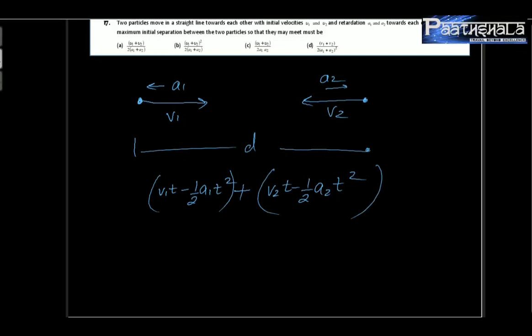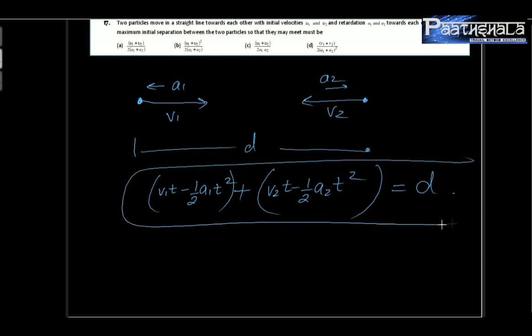Okay, so this has to be equal to D. If they are going to meet, then this has to be the case, correct? If they are really going to meet, this quadratic equation in time t has to have a real root.